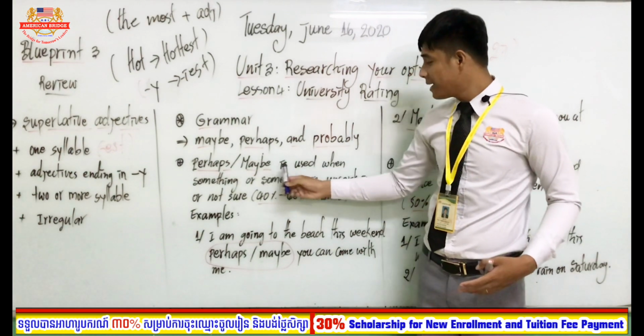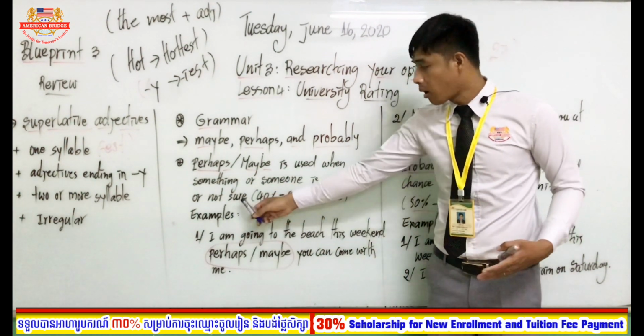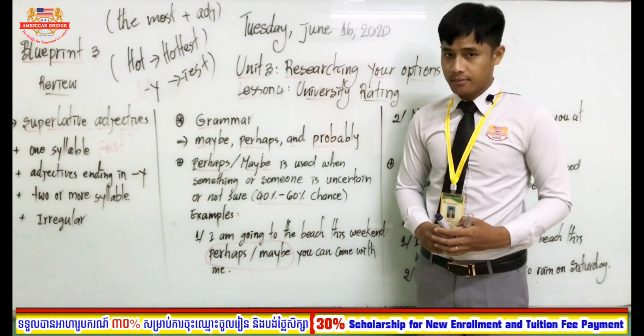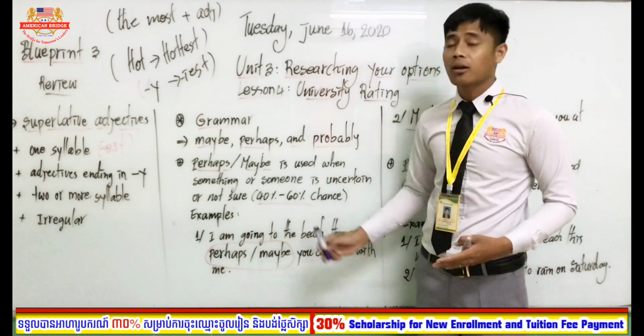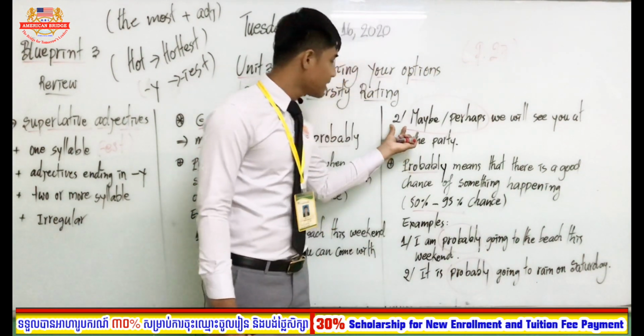Again, perhaps and maybe are used when something or someone is uncertain or not sure, so the chance is only 40 to 60%.